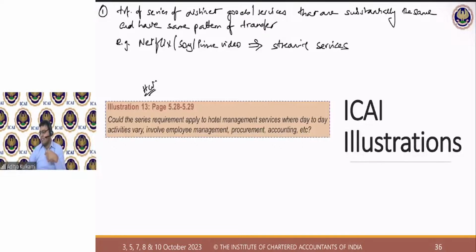What is the nature of the streaming services? It is multiple. एक मिनट के लिए भी मत सोचो कि वो single streaming service है. No, it's not. Netflix is giving multiple streaming services over the entire tenure of 1 month. It's possible that in entire 1 month you watch only one series. Doesn't matter.